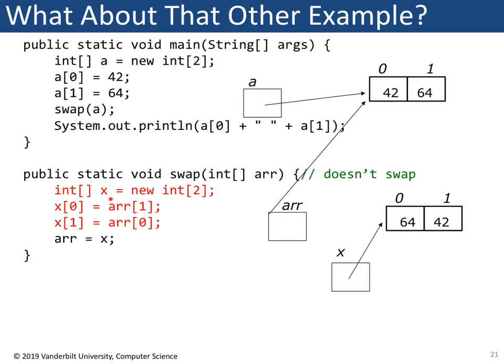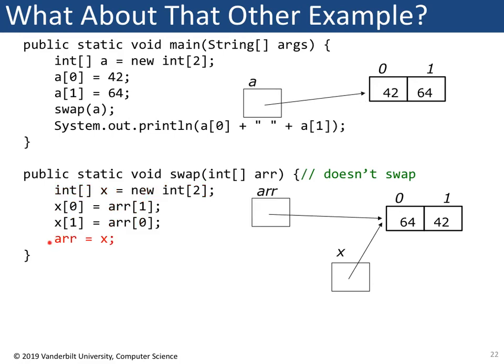We create another integer array object called x with length 2, and we initialize it with values from our previous object. So we have created this object in memory, and we have a variable x that contains a reference to this object. But notice we have not executed this last line of the code. So let's look at what happens when we execute that.